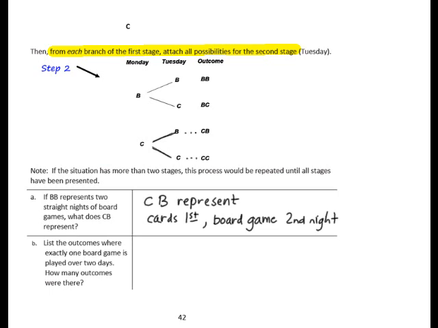From the first stage, board game, then cards would be BC, and from the tree diagram at the top, Monday board game, Tuesday board game, dot, dot, dot, and then the outcome for that is BB or board game, board game. Question B. List the outcomes where exactly one board game is played over 2 days.